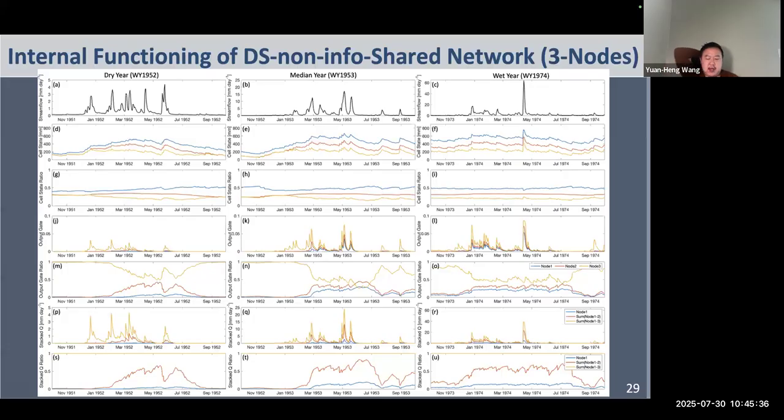We can always come back to this slide later after I present, but the overall idea here is you observe the magnitude of the cell state in each node, then we will know if the gate is being activated, based on the output gate I just plotted in the previous slide, so that the flow path can release water. And then you try to see the proportion of the flow contribution from each node, from each flow path, and see the magnitude and see if it happens in a rain-driven period or not.